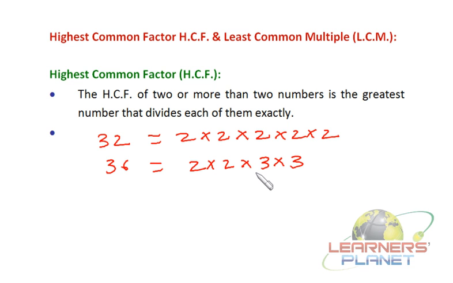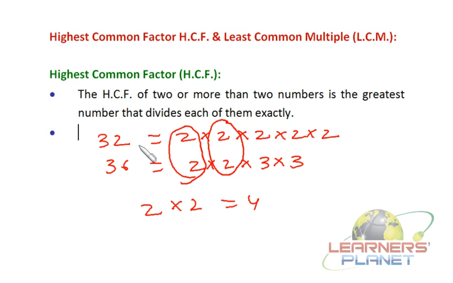Now we just have to see which are the numbers that are common in these two numbers. The factors of 32 are 2, 2, 2, 2, 2, that is 5 times 2. So 1 time 2 is common. Similarly, 1 more time 2 is common. No other number is common, that means 1 time 2 and 1 more time 2, that is 4.